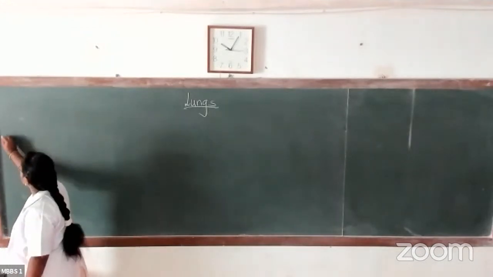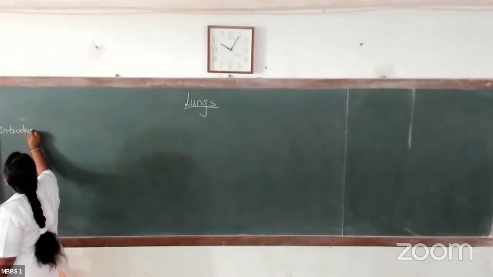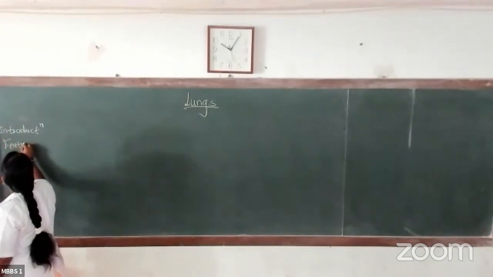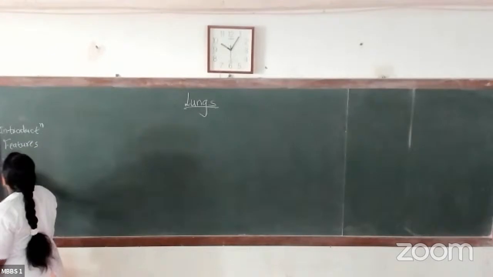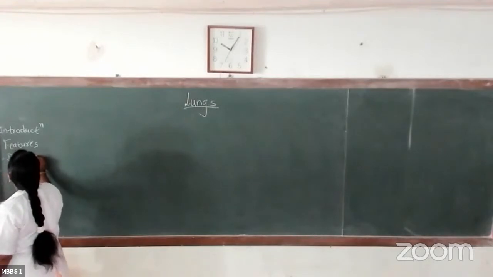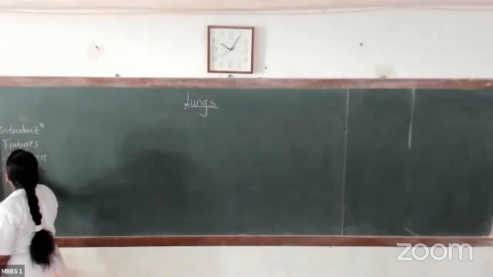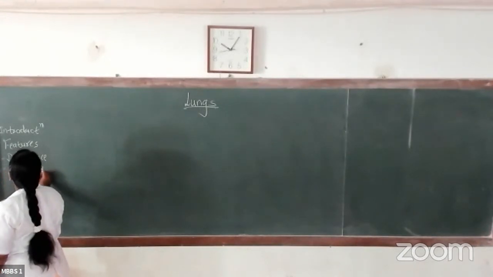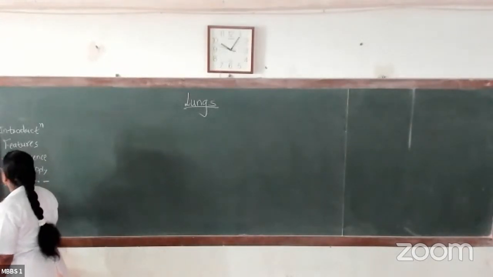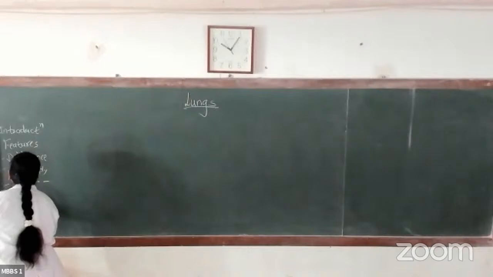So in the lungs, first we see the introduction, then features, difference between right and left lung, first bronchial and bronchopulmonary segments.